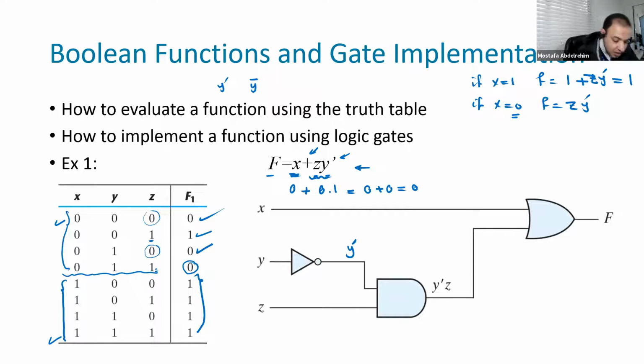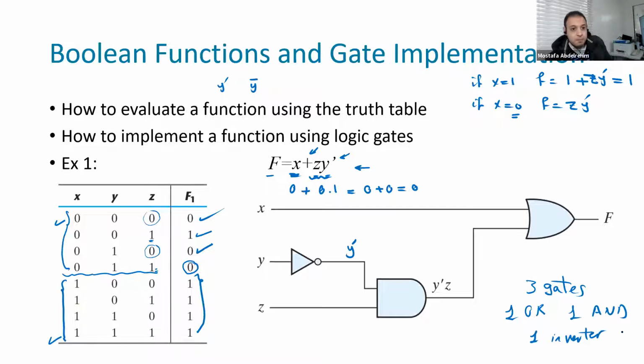So we have here three gates: one OR, one AND, and one inverter. In the future, we will not be concerned a lot about the inverters.